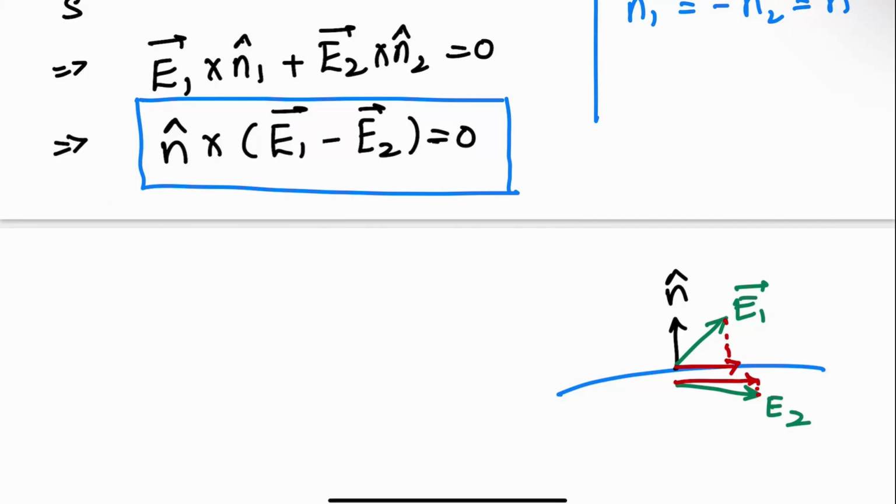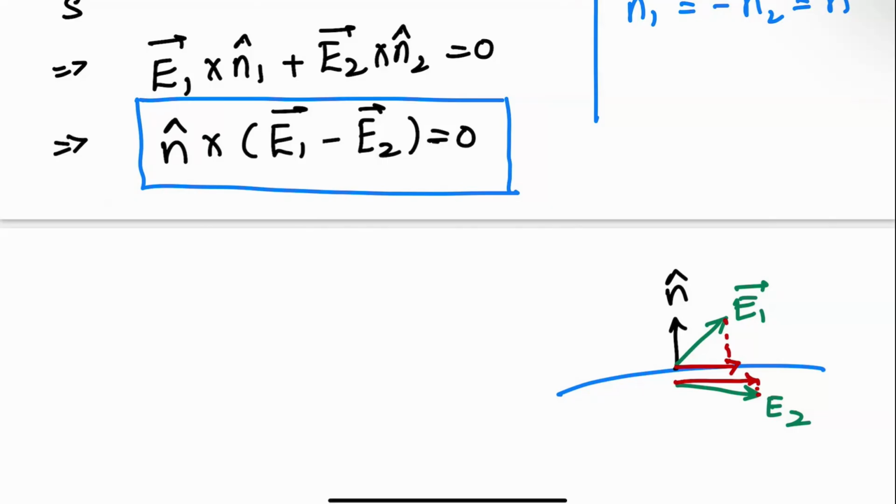Because of course you can break up this electric field into a tangential component and a normal component, and n hat cross the normal component is zero because they're in the same direction. That's the property of the cross product. Whereas n hat cross the tangential component is non-zero, right? So you only have the tangential component essentially. So this is just saying that the electric field across any boundary has to have a continuous tangential component.